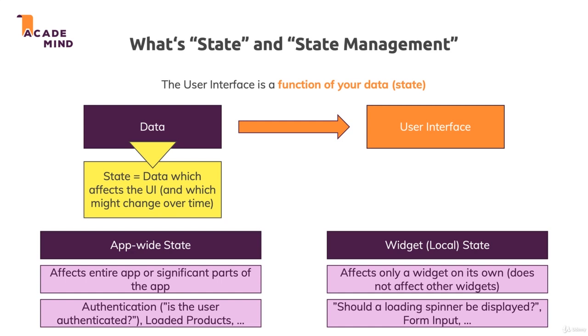Our shop page, our cart page, doesn't care a bit about whether we expanded the information for a single order or not. So that's something we want to manage inside of a single widget, and therefore we use the default widget state management tool, which is using a stateful widget.